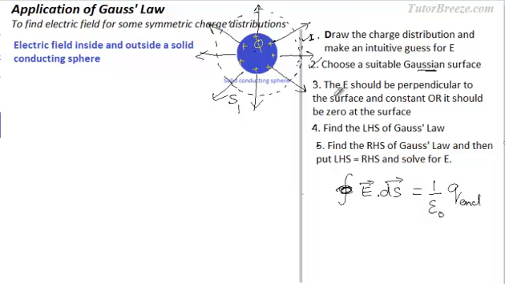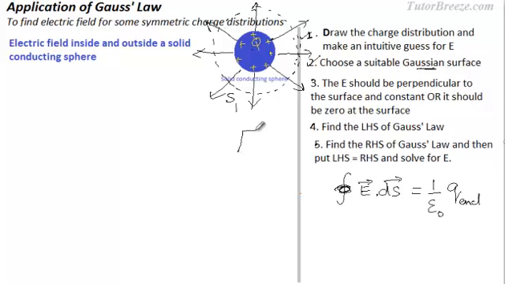And the third step is to check if the electric field is perpendicular to the surface, because when we find integral E dot dS or E dot dA, whatever you use, then at each point of the surface, the area element, and this is the direction of the area vector, which is an outward drawn normal, and the electric field, this is also the direction of the electric field. They are both parallel to each other.